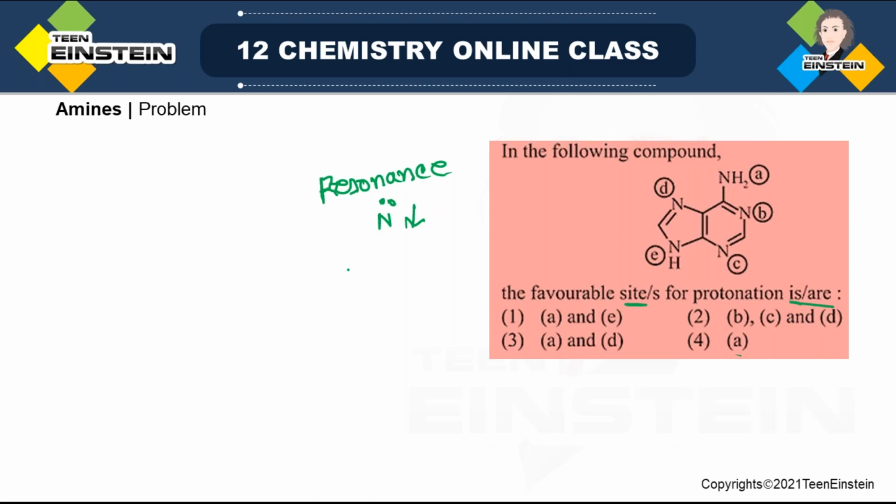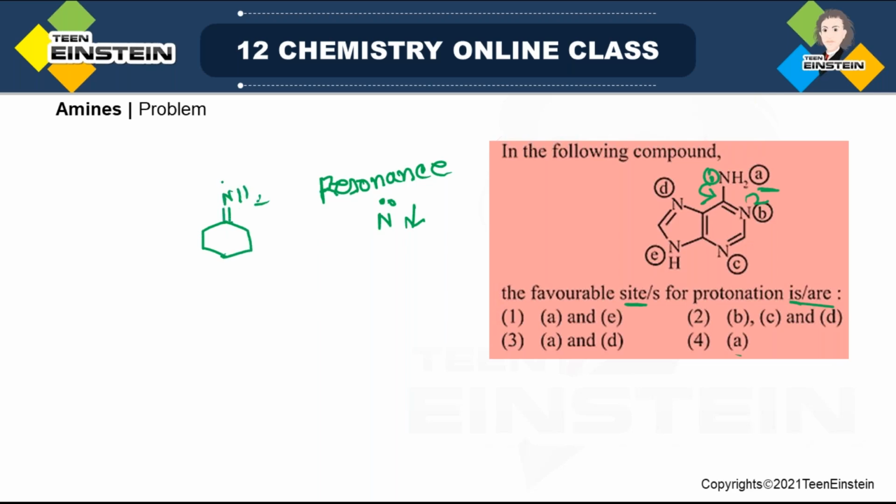So another way you can say, when resonance is high, then basicity is low. Now individually if we see here, NH2, which is attached to this benzene like ring, though it is not benzene ring, 2 nitrogens are there. Now here also lone pair over nitrogen can take part in resonance. So after resonance, the structure will be something like this.